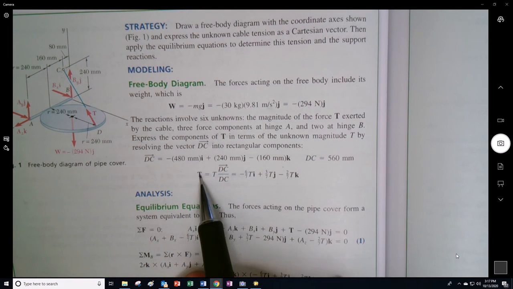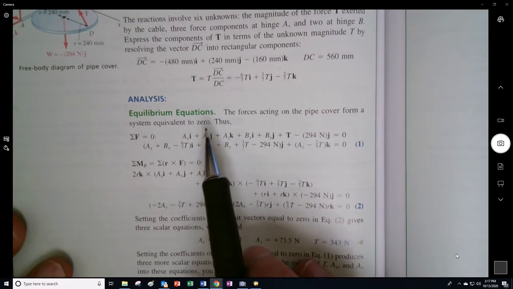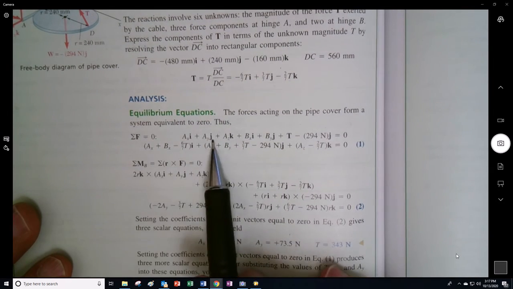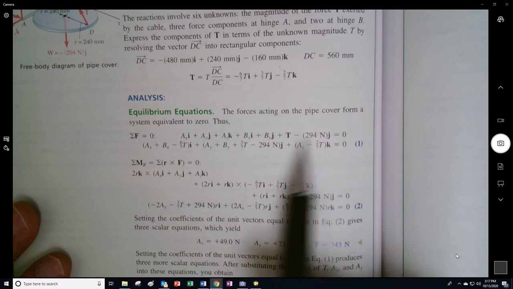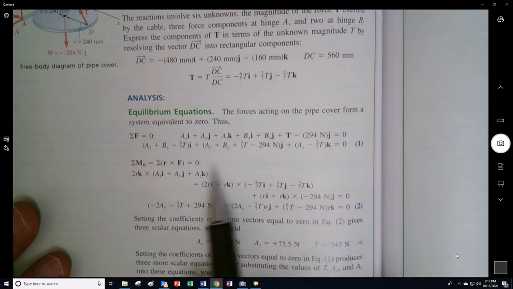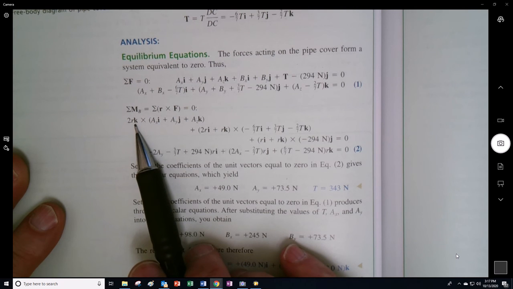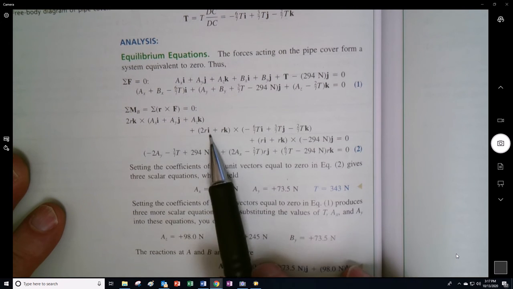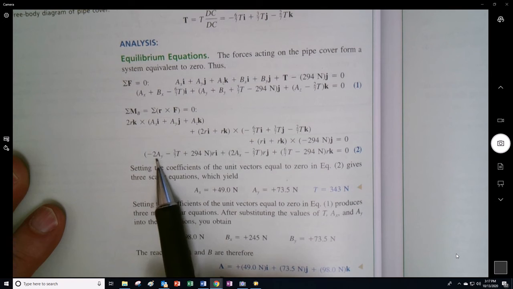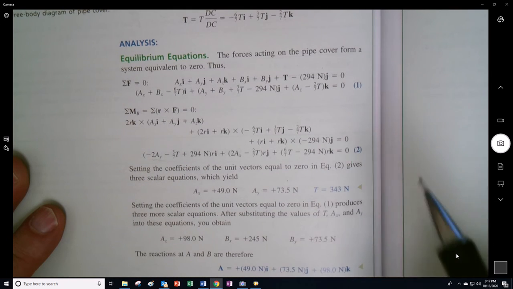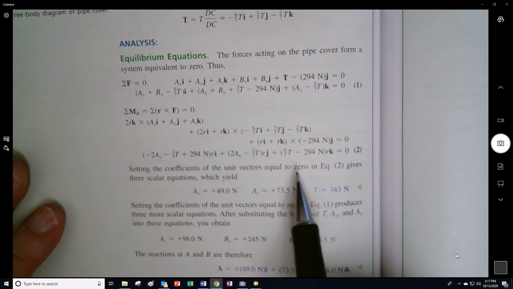Once again, I don't like capital T. They get the forces right here, right? So there's all the forces, and they write them out as unknowns. Here is the moments equation, and they're just plugging them in and working through them without really showing you the process.